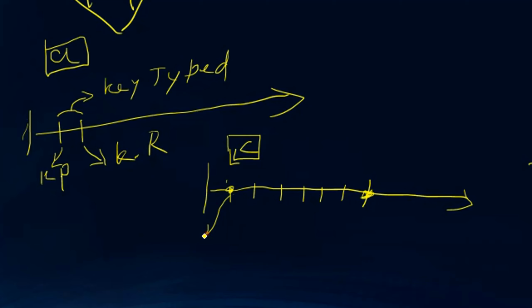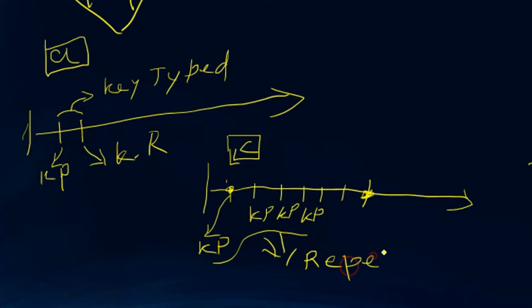What happens here is you will get a key pressed event. Then, since it's a long period, you will periodically get the key pressed event at different time periods. So the key pressed event is fired repeatedly. At the end, once you release the key, you will get a key released.